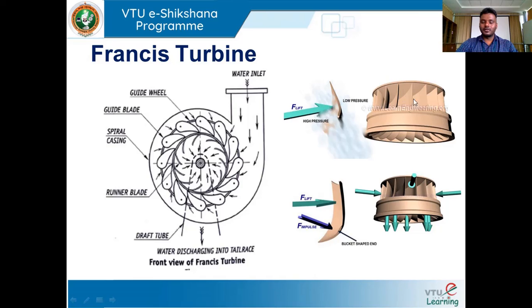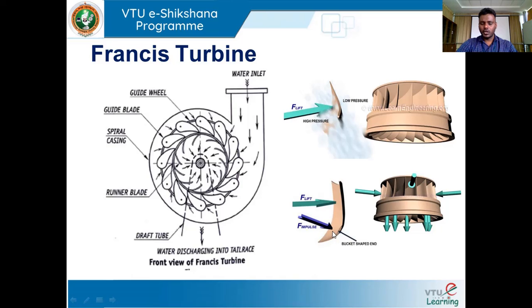So this is how the runner blade will look. The shape of the runner blade makes use of both impulsive force as well as reaction force to make this turbine rotate at the required speed. As you can see in this image, the shape of this runner blade at the end has a bucket shape.